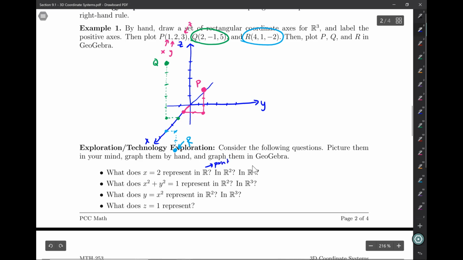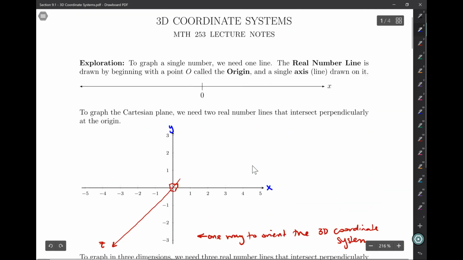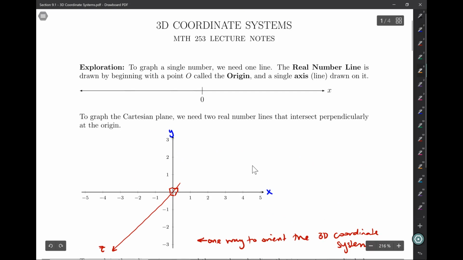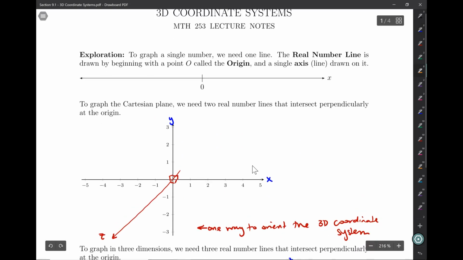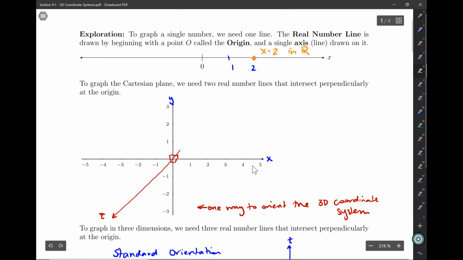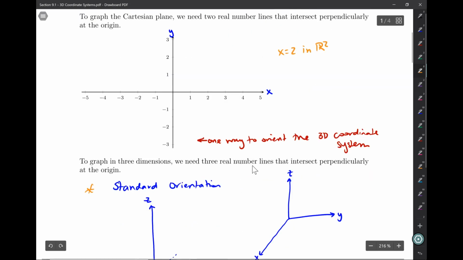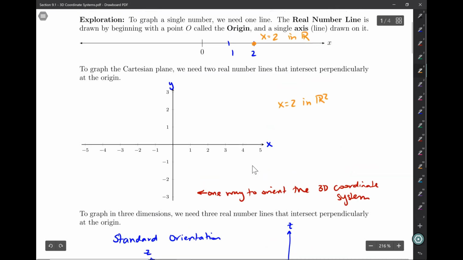And we can actually plot it if we want to. Let's go back up to the beginning. I'll use a different color, maybe orange. Actually, let me do my scaling first. So if this is 1 and this is 2, then this would be x equals 2 in 1 space. If we were to look at x equals 2 in R2, I'll go ahead and erase this, and I'll keep this as the two-dimensional coordinate space.